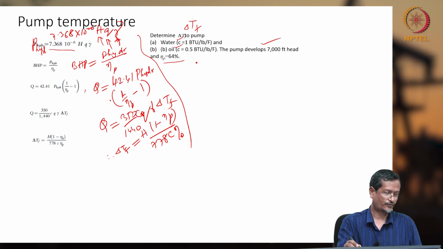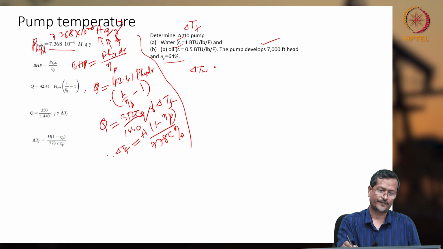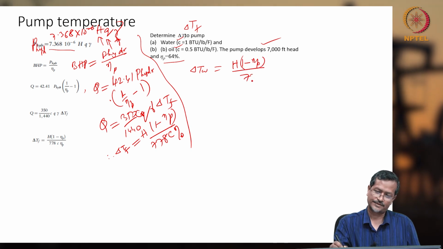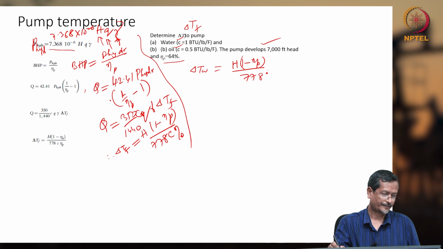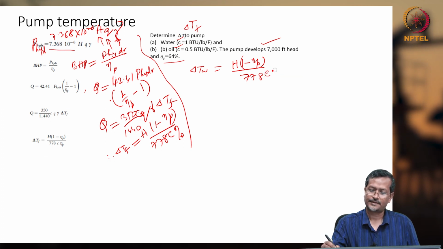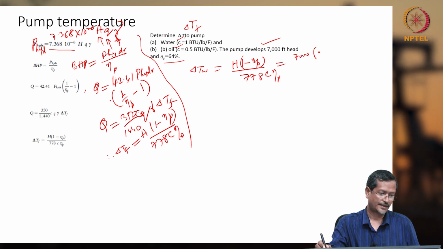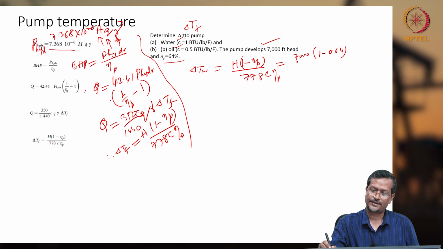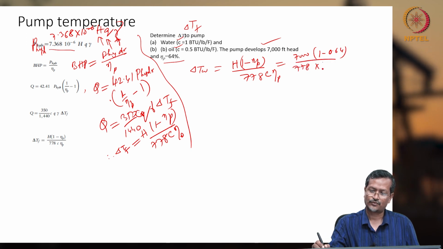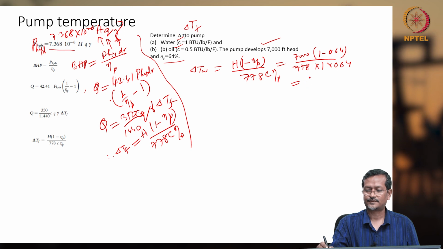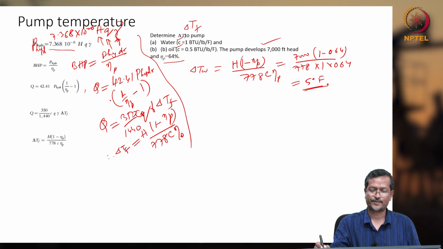So you have to use the formula del TW equals H (1 minus eta P) divided by 778 C eta P. So it will be 7,000 times (1 minus 0.64), divided by 778 times C value 1 times eta P 0.64. So the total coming is about 5 degrees. A 5 degree Fahrenheit temperature rise will be there.